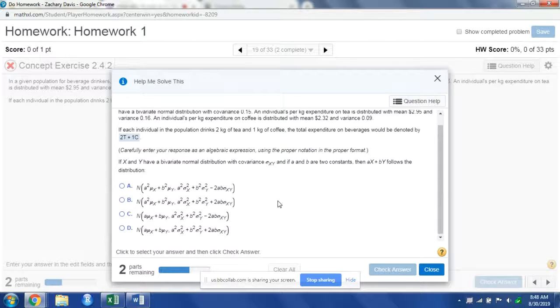So if x and y have a bivariate normal distribution with covariance some value, and if a and b are two constants, then ax plus by follows the distribution.